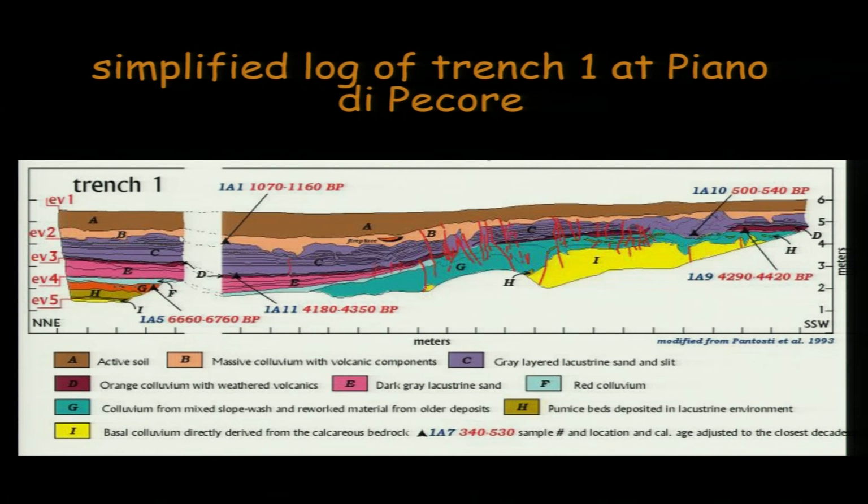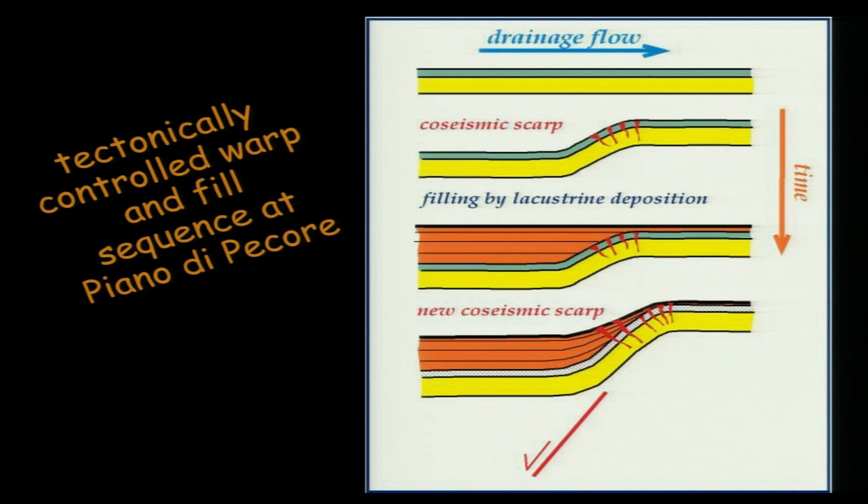The best example you can see here is that this faulting displaced or reached up to this point, but not across this one. So, this indicates the earlier event, and the one which cut right up to this point was the recent event. Now, based on this, what they identified was that there was a drainage flow in this direction. So, they reconstructed the tectonically controlled warp field sequence at this location.